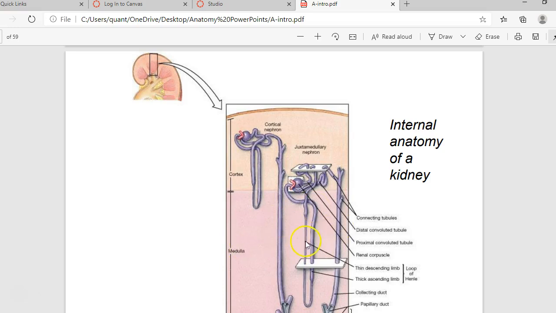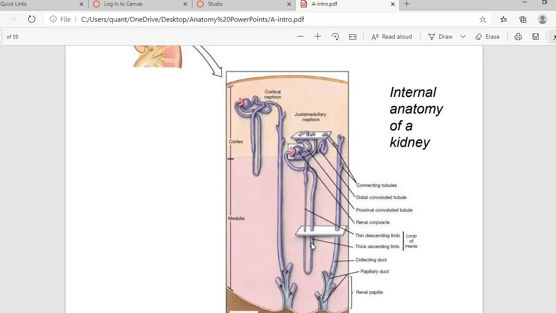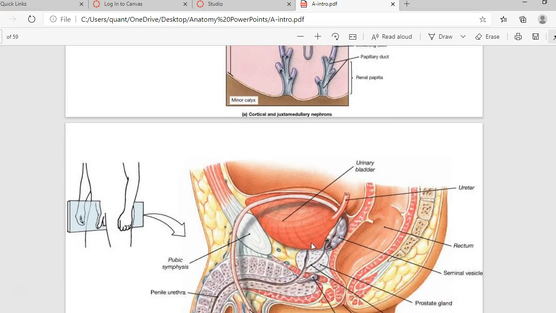And there are different osmolarities, or what I think of as salt concentrations, in this medulla. And so that helps water or different ions go one way or the other. Basically this shape and its position and its structure help it perform its function. That's all it's trying to say.